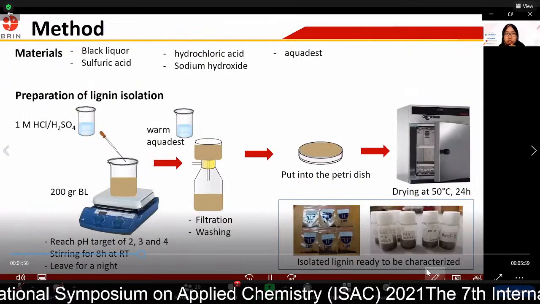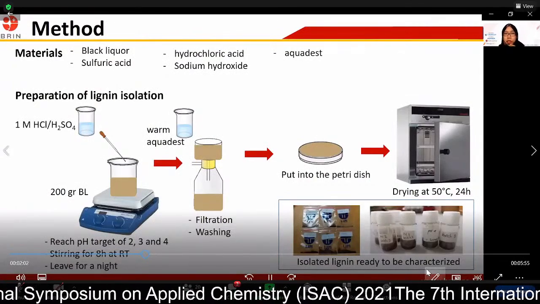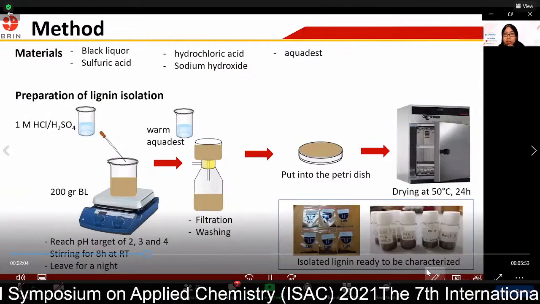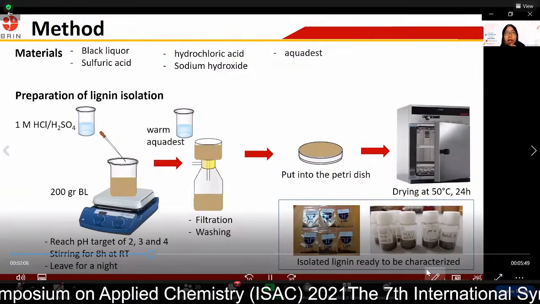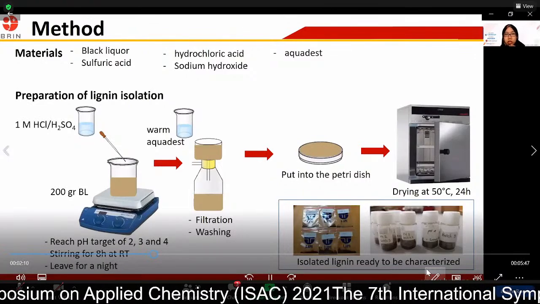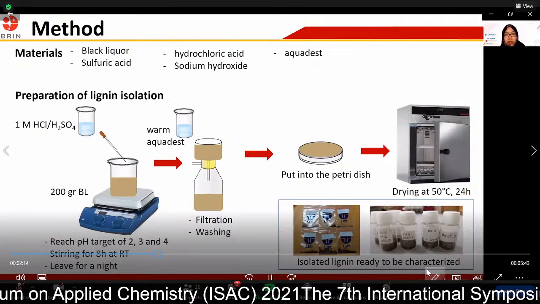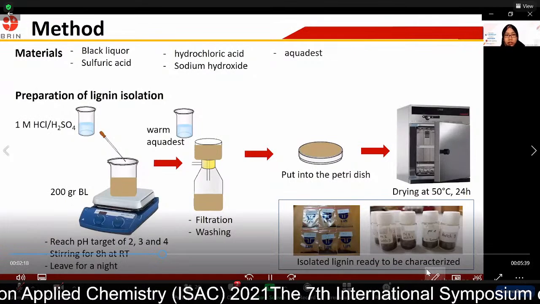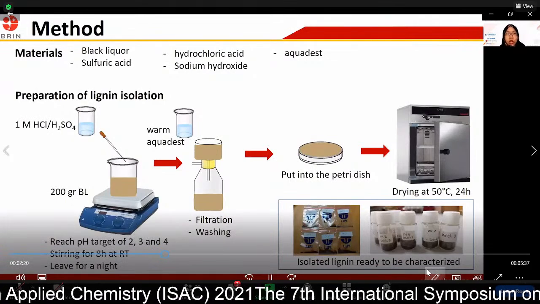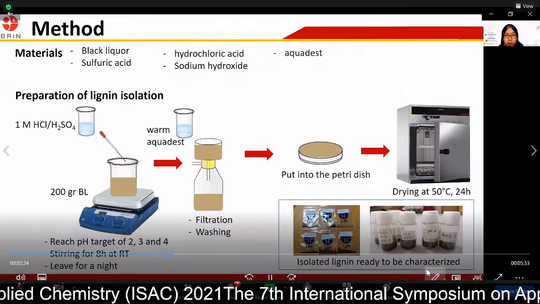And here is our method. The materials are black liquor, sulfuric acid, hydrochloric acid, sodium hydroxide, and aqueous. The lignin isolation is done by using acid, whether sulfuric acid or hydrochloric acid, to precipitate the lignin in the black liquor.